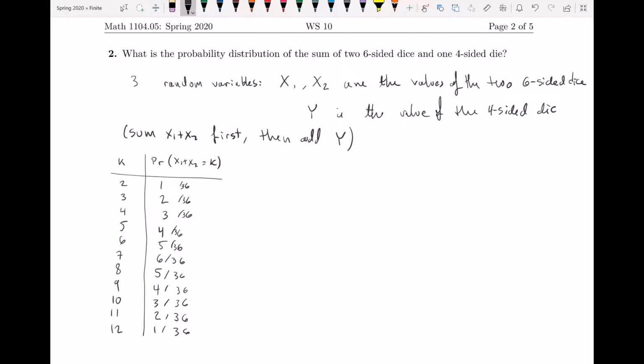And then our probability distribution for y, the probability that y equals k. There are only 4 possible values, 1, 2, 3, and 4, and they're all 1 out of 4.